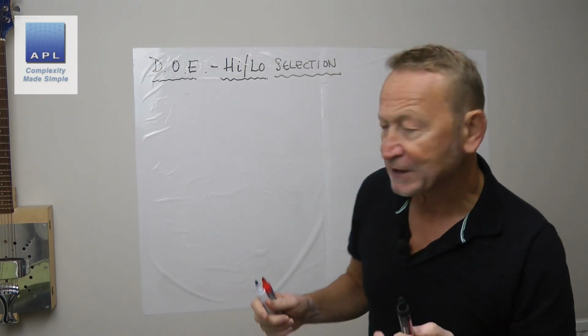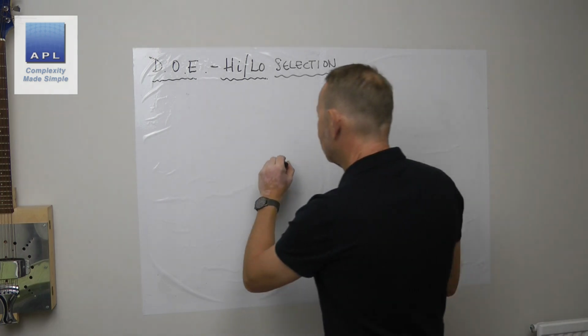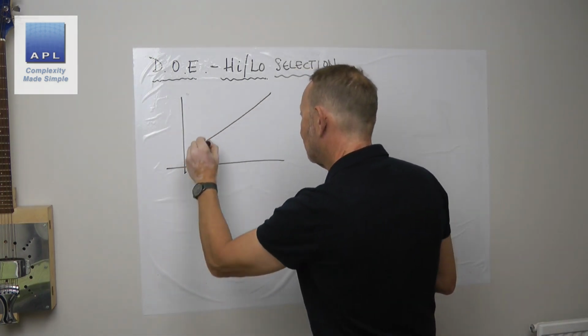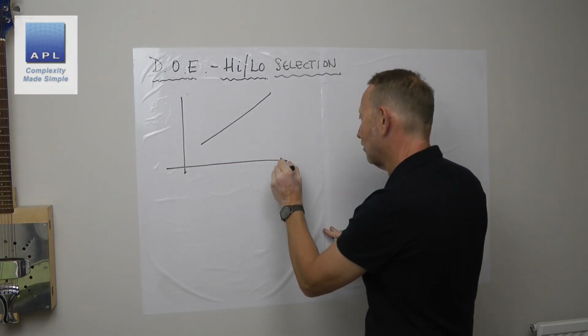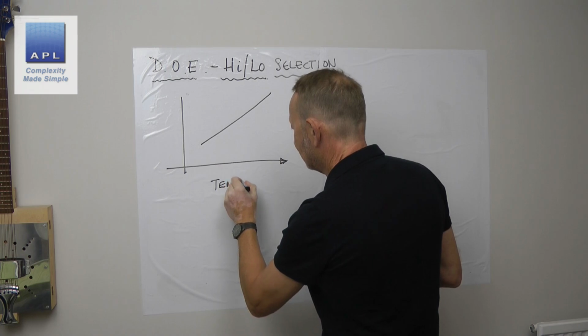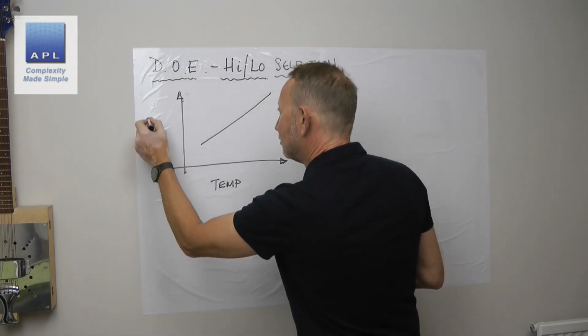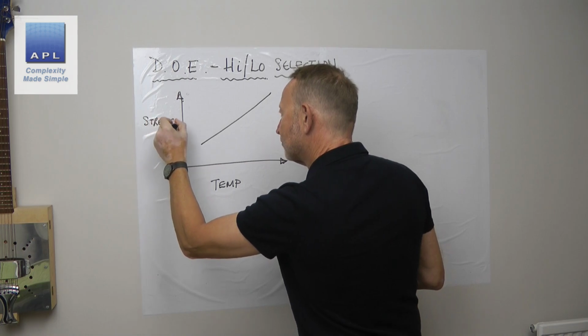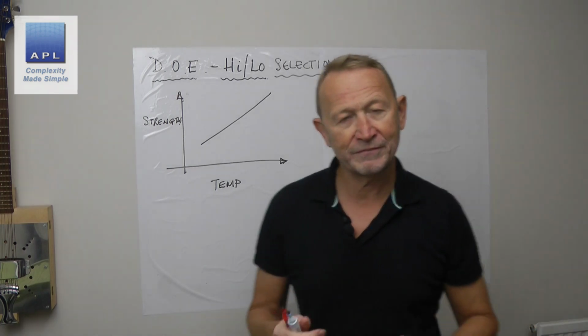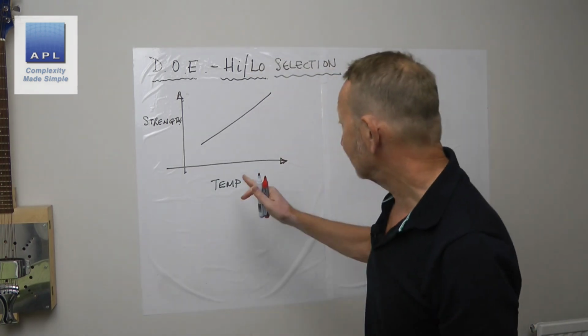Of course, what we're interested in is understanding the model that is available in your system. So let's say this was just temperature, and the thing that you were trying to understand was the strength of something that you're producing. This is the system that you're trying to understand.